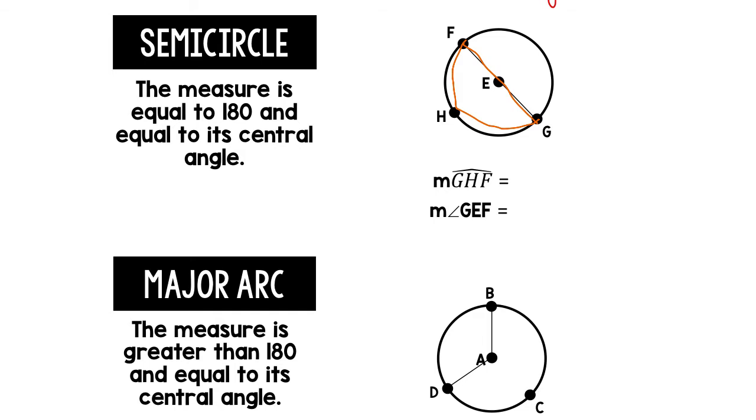It could have been either direction, but in a semicircle, it's important that we call it by 3 points because I could go over here and it would be the same angle. So I wanted to be specific about which side we were on. So the measure of arc GHF is 180. The central angle is GEF, and it's also 180. With a semicircle, the central angle is a straight line. It is also a diameter.